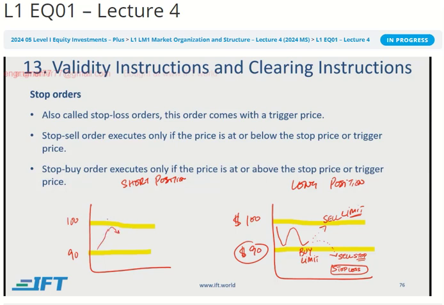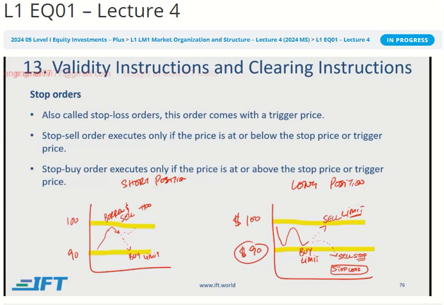So they will borrow and sell over here, which means they get that $100 cash. What they are hoping is that it goes down to 90 and they will buy back over here. So they will put a buy limit over here, to buy it back at 90 to return it.